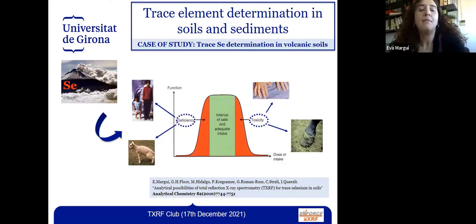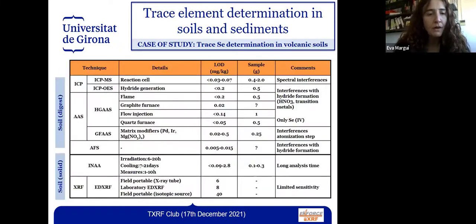At this time, I was interested in determining very low concentration levels of selenium in soils, because this element has a very narrow range between the safety concentration and toxicity values. First of all, I performed a bibliographic search to see the most commonly used techniques for the determination of this element in this kind of samples.